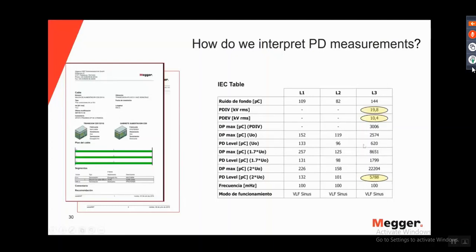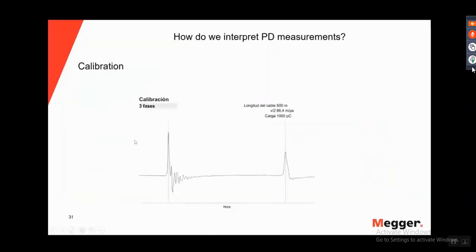So this is the way we know that in the phase L3 we have partial discharge activity. It's very important that we have a good calibration. Sometimes I see some reports in which the calibration was not successful. So it is very important that when we analyze a report of partial discharge, we check the calibration.